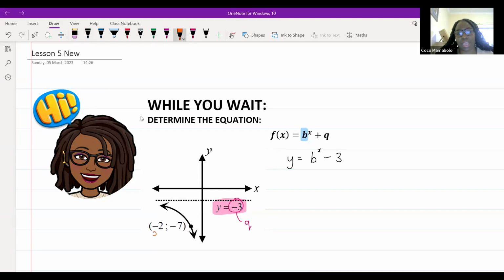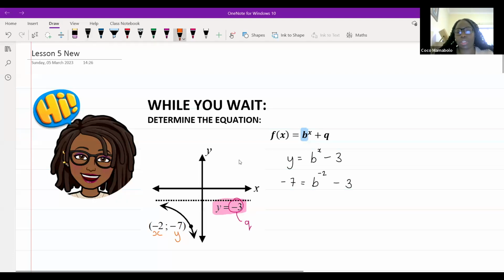So I know that this is the x value I'm going to put in, and this is the y value I'm going to put in. And then we're going to use those two values to find b. So I'm going to replace x with -2. I'm going to replace y with -7. So -7 is equal to b to the power of -2 minus 3.